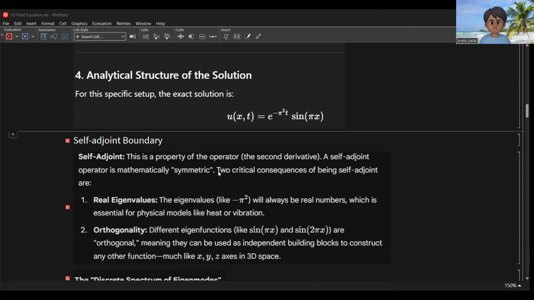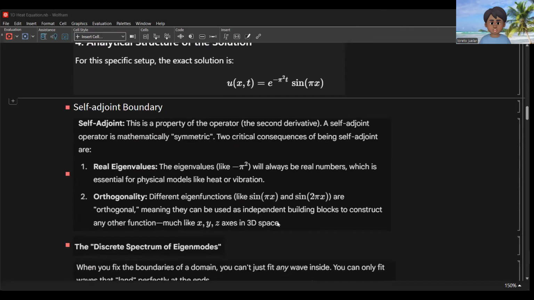Self-adjoint is a property of the operator, the second derivative. A self-adjoint operator is mathematically symmetric. The critical consequences of being self-adjoint are real eigenvalues. The eigenvalues like negative pi squared will always be real numbers, which is essential for physical models like heat or vibrations.